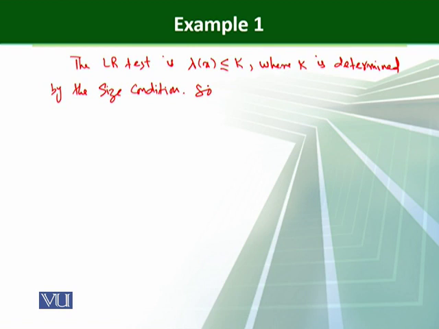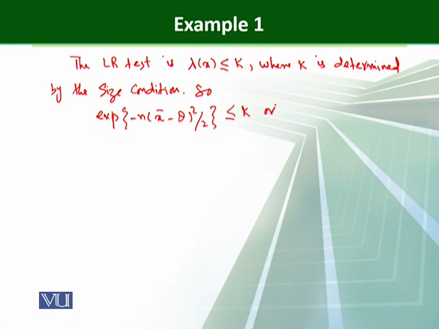So exponential of minus n times x bar minus theta squared divided by 2 is less than or equal to k.